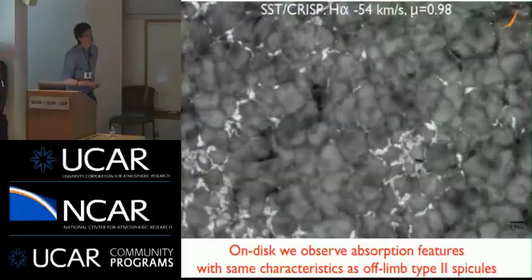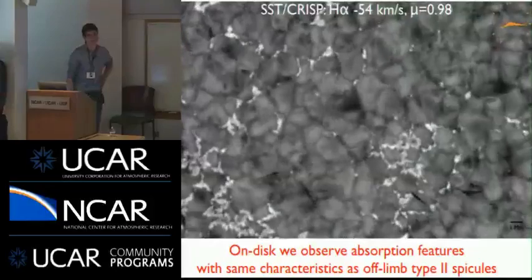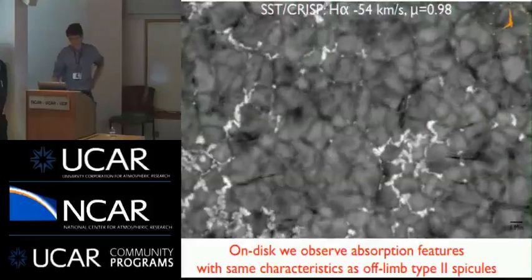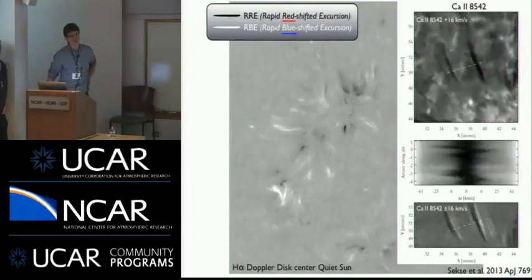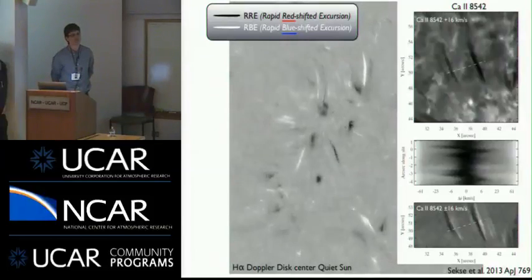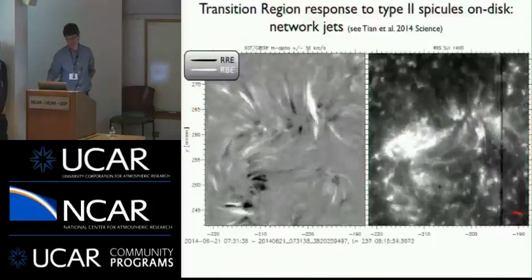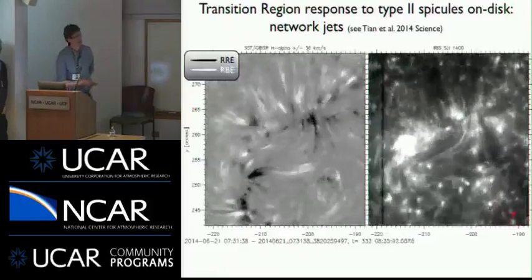Lindsay and then Lakshmi. So you showed a couple of movies with evidence for possibly torsional movements in these spirals or jets or spicules. In another movie further on, there was something that looked like closed structures, where spicules are connecting.